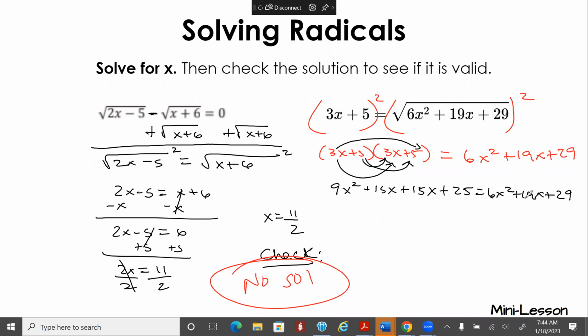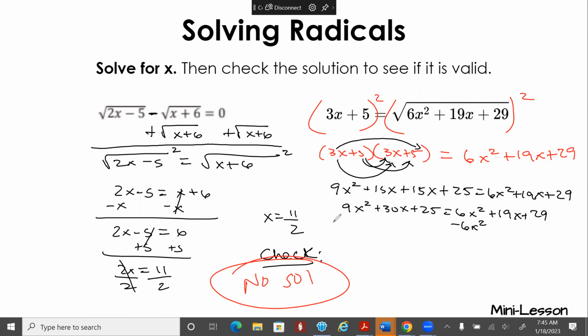Now, what you're going to do is move everything to one side. So we can combine like terms first. We know that 15 plus 15 would give us 30. So we can go ahead and rewrite that. But we're going to move everything to one side in order to solve.